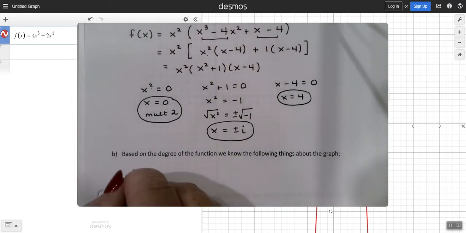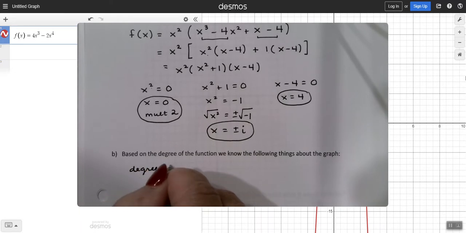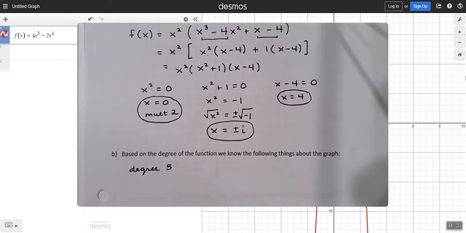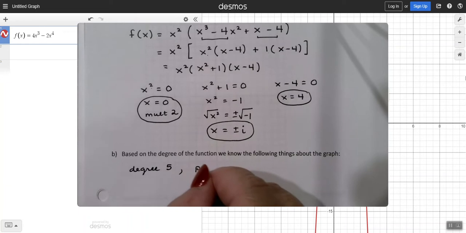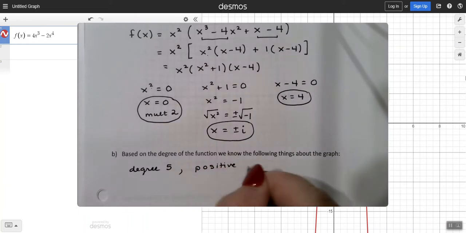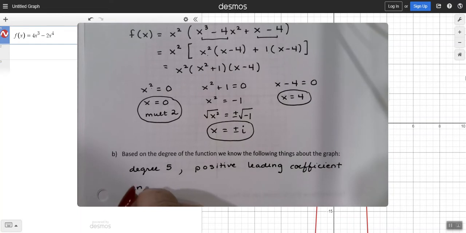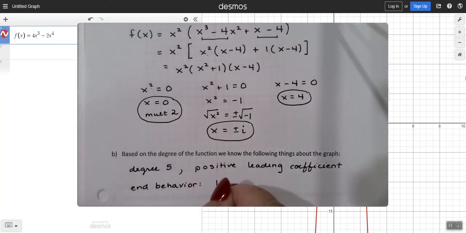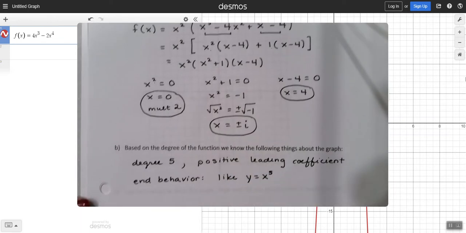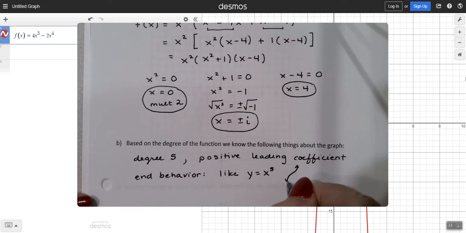All right, so this function was degree 5, and it's a positive 1, x to the 5th, so it has a positive leading coefficient. So I expect the end behavior to be like y equals x to the 5th. So all odd power functions have that sort of a wave shape.